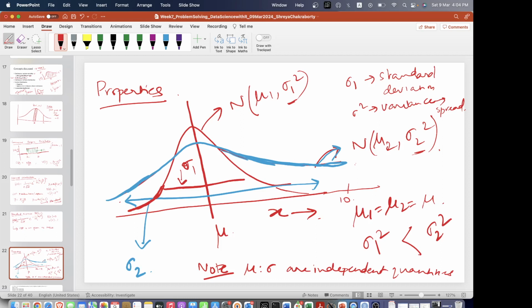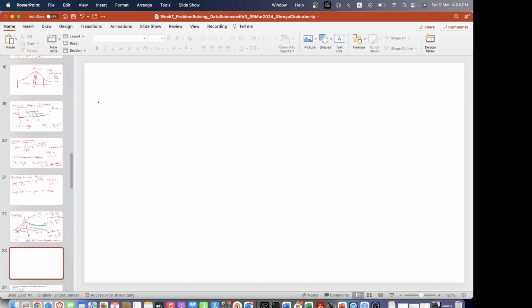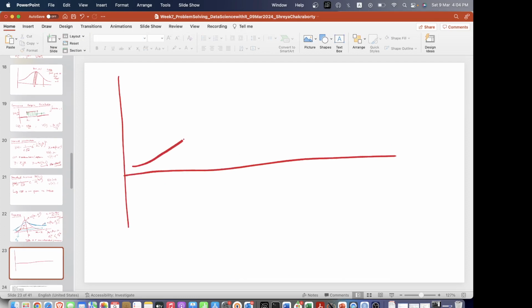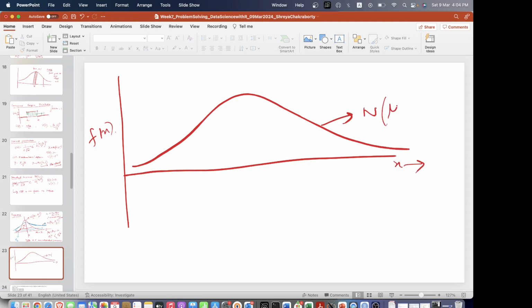And also one more thing we should note is that if we have a normal curve, let's say this is a curve, we have f(x) and we have x along this line, and this follows a normal mu, sigma squared.